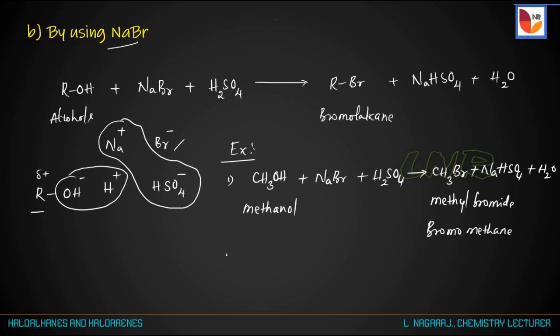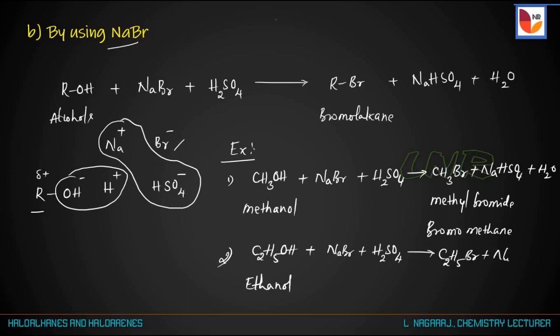And let us take one more example, that is ethanol. It is to be represented as C2H5OH. So when the ethanol reacts with the sodium bromide in the presence of sulfuric acid H2SO4, it gives the product, that is C2H5Br plus NaHSO4 plus H2O.